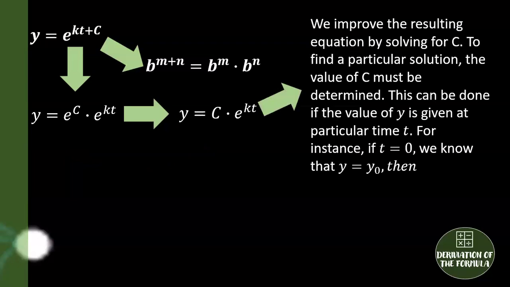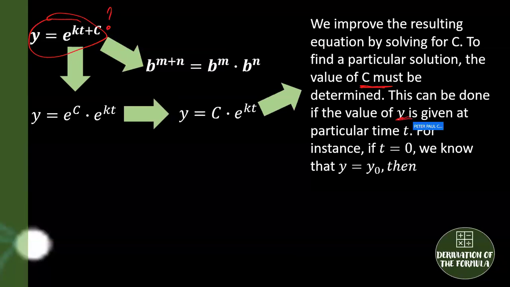Next, we now improve the resulting equation by solving for c. Remember that what we have is a general solution, and our goal here is to determine the value of c. This can be done if the value of y is given at a particular time t. Suppose that time is 0 hours or 0 days, whatever unit of time we use, for as long as it is 0.